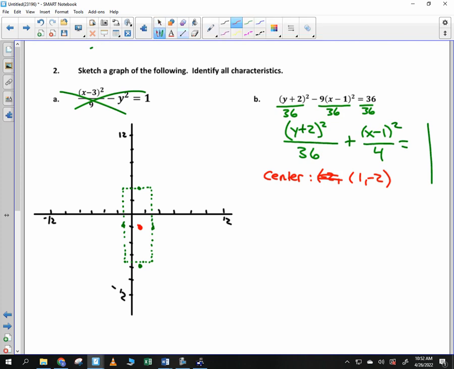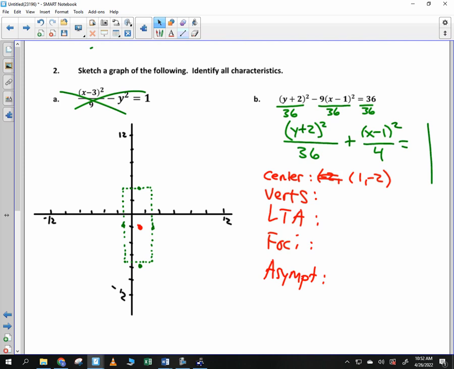So we got center, I got vertices, I got length of transverse axis, I got foci, I got asymptotes. So I've got my box. I like to draw my asymptotes then. What's it going to be, Aaliyah?